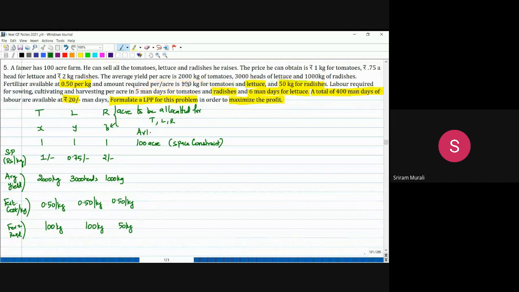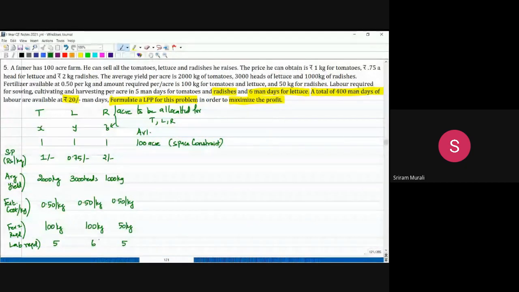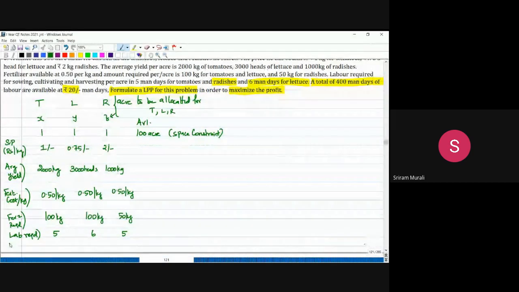What is the next sentence? Labor requirement. Tomato and radishes need 5 man days each, and lettuce needs 6 man days. The labor cost, irrespective of tomato, lettuce, and radishes, is 20 rupees per man day. So this is the problem.